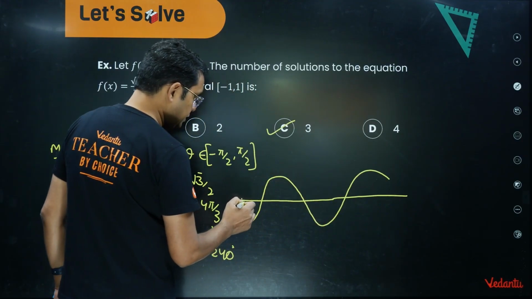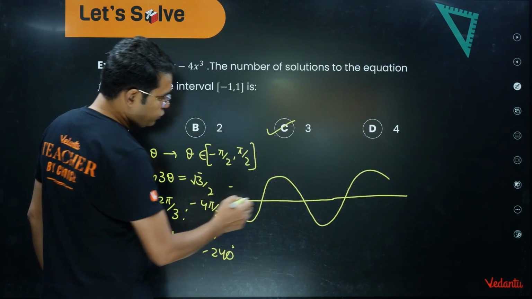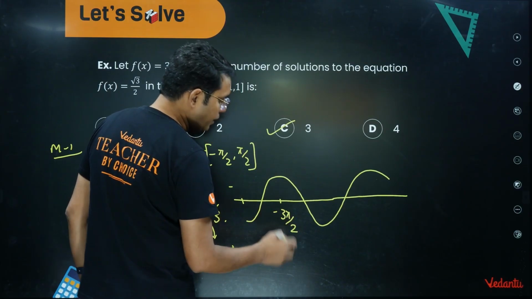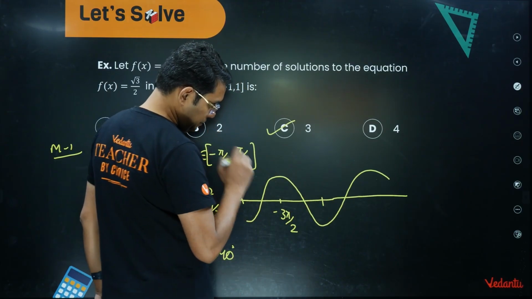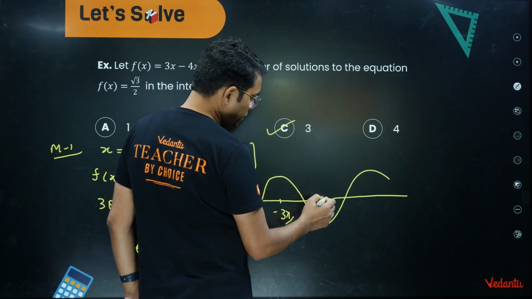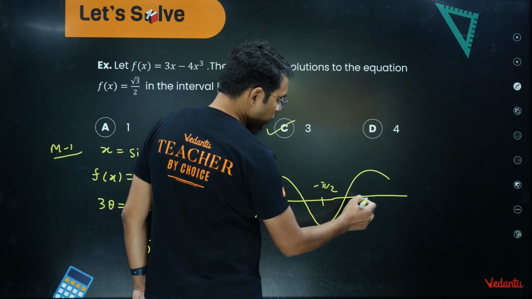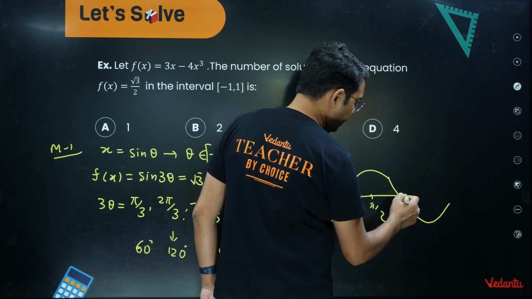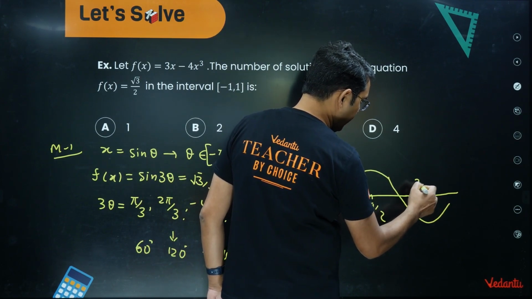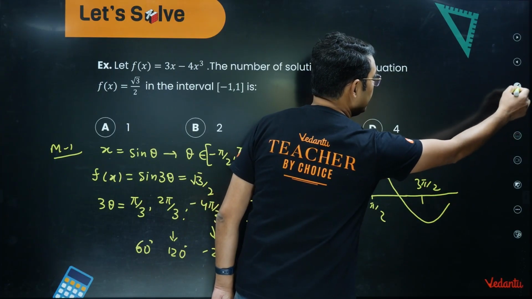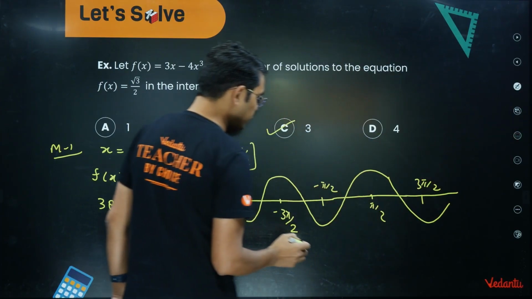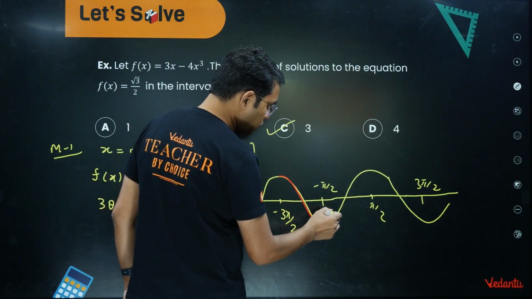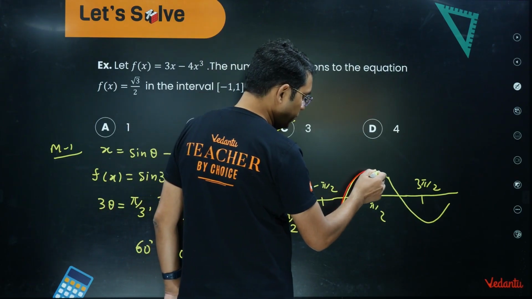Minus 3 pi by 2 will be here, this will be minus pi by 2, this will be pi by 2, and then this will be 3 pi by 2. So the portion that we must be looking for is from this to this, minus 3 pi by 2 to 3 pi by 2.